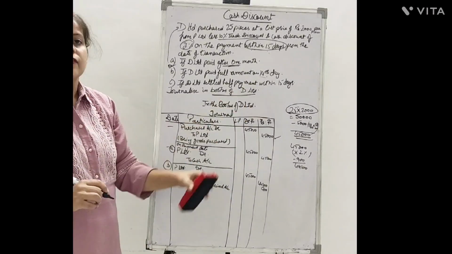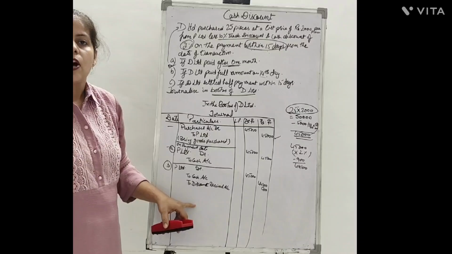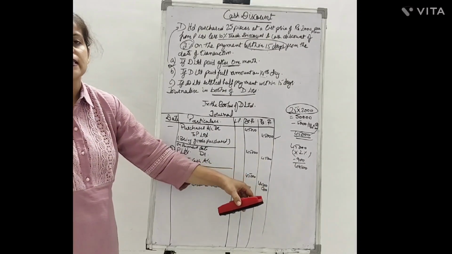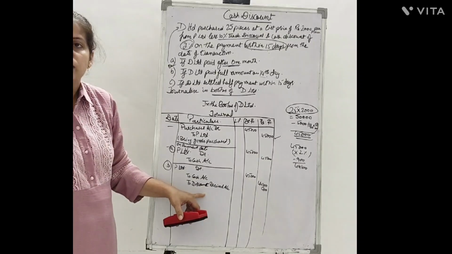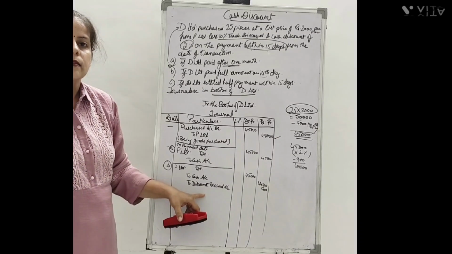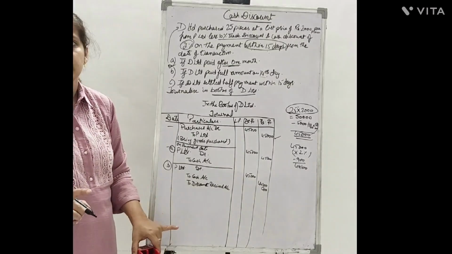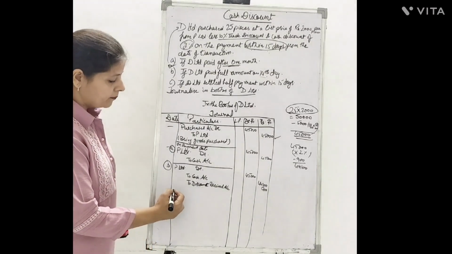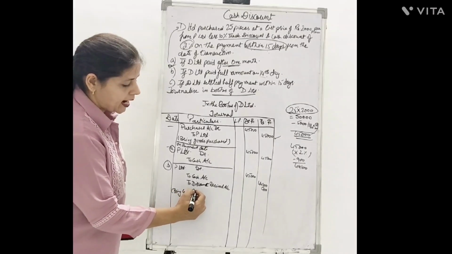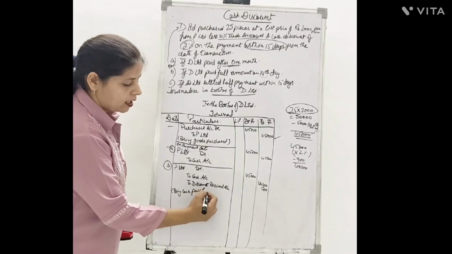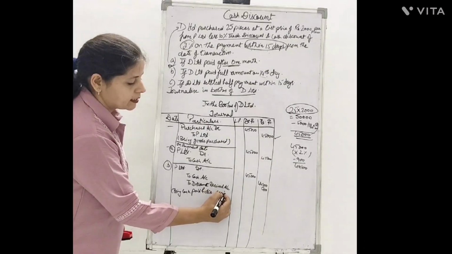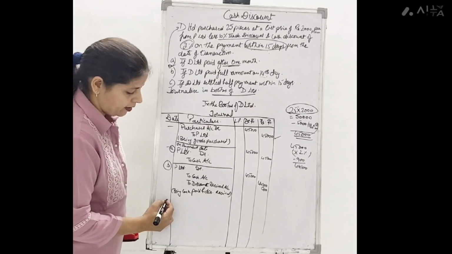D Limited has received discount on payment of cash. When you have to pay 45,000 and you paid less, discount is received. Why is it credited? Credit all incomes and gains. That's why it is credited. So we will say being cash paid and discount received. Fine. So this is case B.